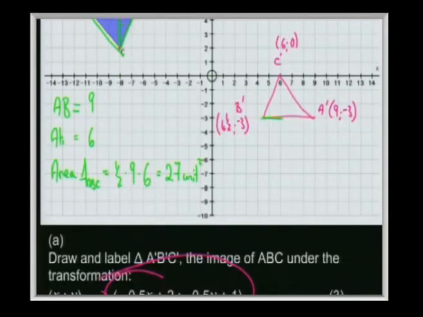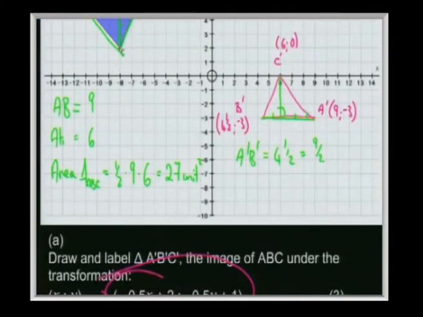Right, and now we're going to find out the area of triangle A'B'C'. I'm going to take A'B' as my horizontal line, and that is 4.5 units, which, as we all know, is 9/2. I now have a look at my altitude, and there it is. Remember, that's why the examiners put A'B' horizontally.